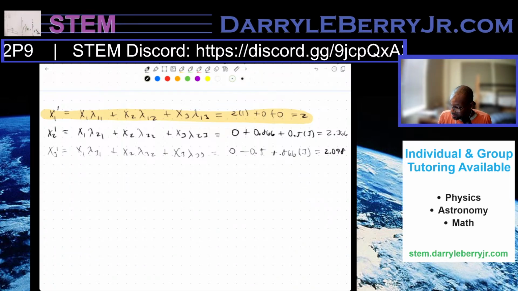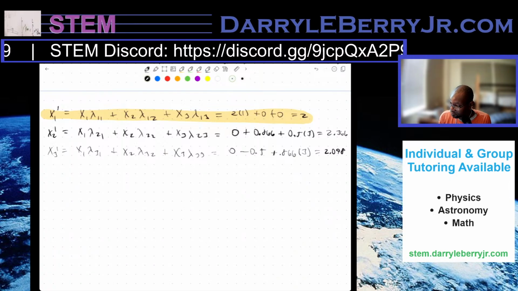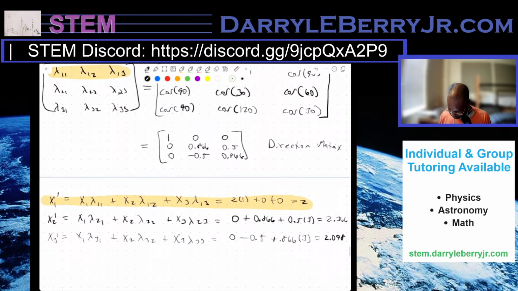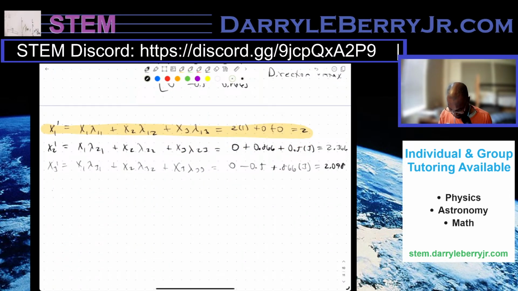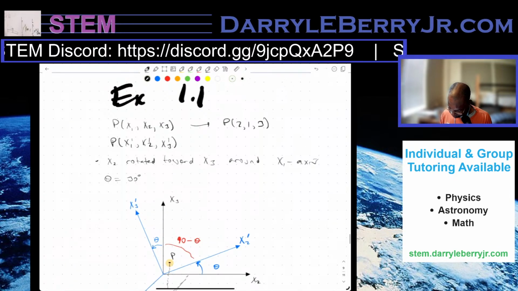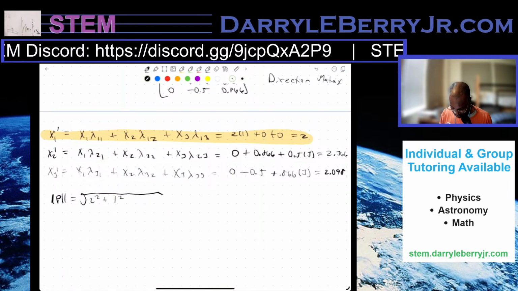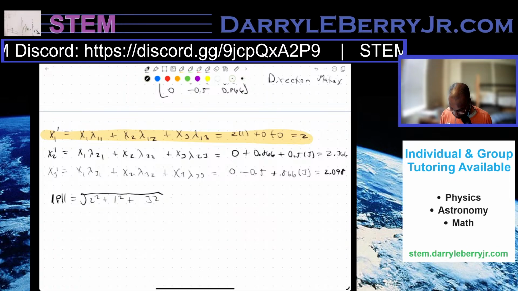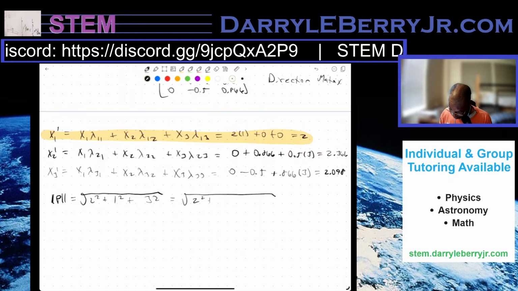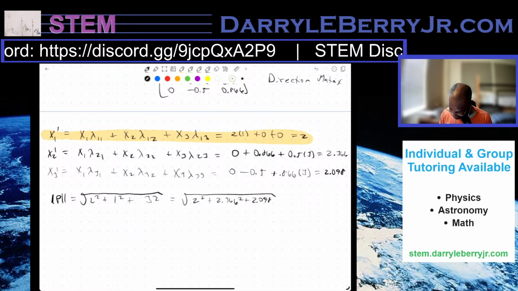Notice that the rotation operation preserves the length of the position vector. So the length of each one is the same. So the magnitude of P equals square root of 2 squared plus 1 squared plus 3 squared, which equals square root of 2 squared plus 2.366 squared plus 2.098 squared.